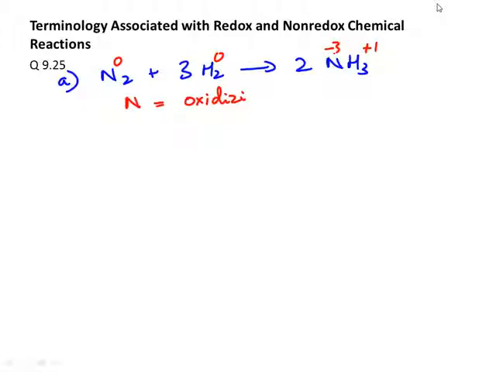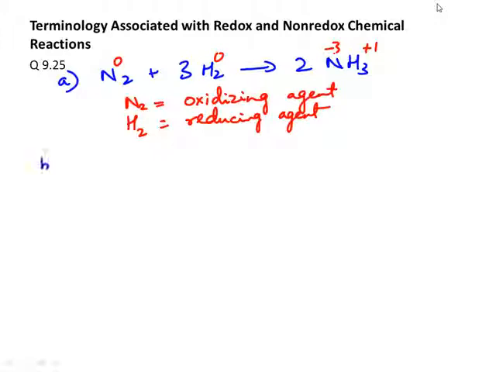Isn't that what the question is asking? I'm just going to confirm that. Oxidizing agent, yes. So nitrogen is then the oxidizing agent. And if nitrogen is the oxidizing agent, then hydrogen is therefore the reducing agent, because it is itself getting oxidized.